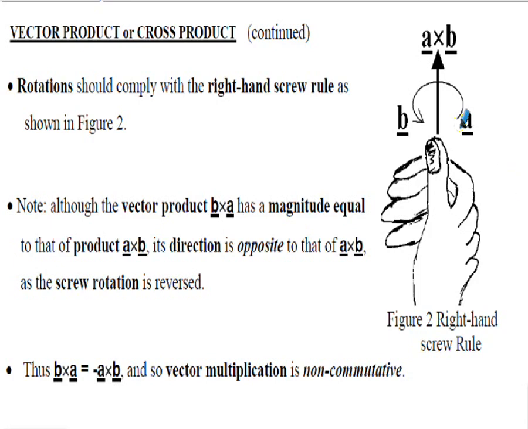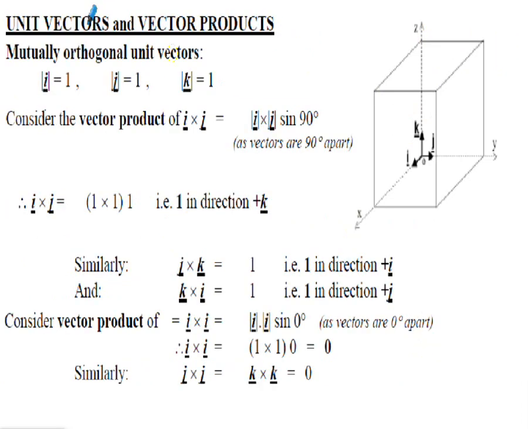If we calculate the vector A cross B, then the direction of rotation is from A to B through angle theta, and using the right hand screw you notice my thumb would point upwards, so the direction of A cross B is vertically up the page. If we were to calculate the vector product of B cross A, then my hand would be reversed and my thumb would point down the page, so the direction of the B cross A vector would be downwards.